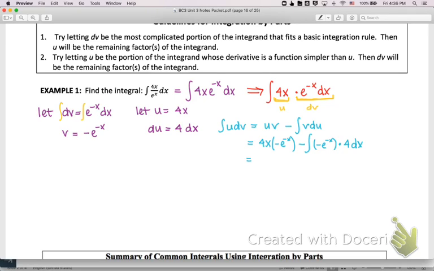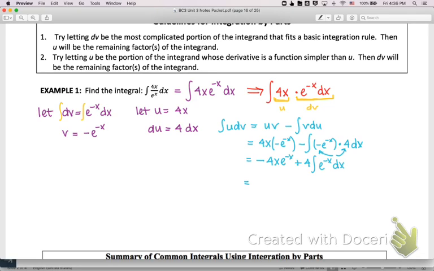So if we clean this up a little bit, we get negative 4x e to the negative x. We can pull out the constant multiplier, which would be negative 4. So that makes this plus 4 times the integral of e to the negative x dx. And that we actually already did when we did dv.